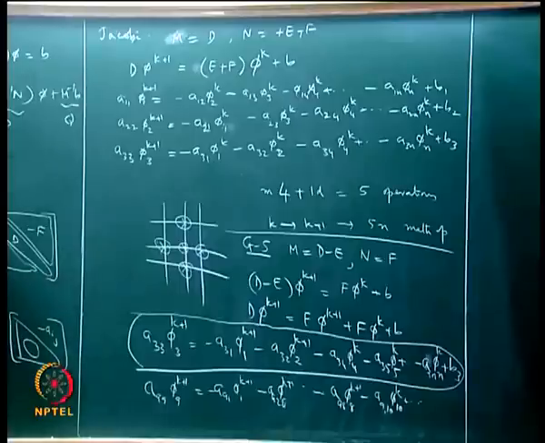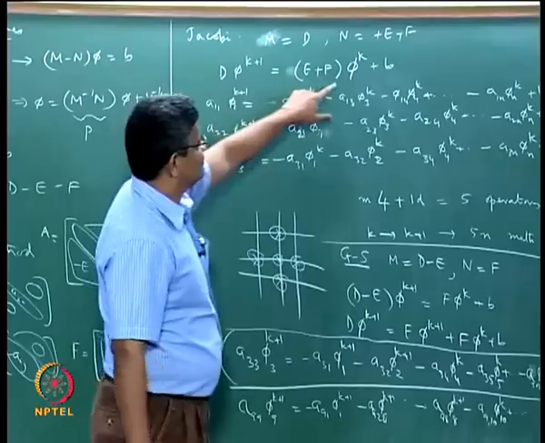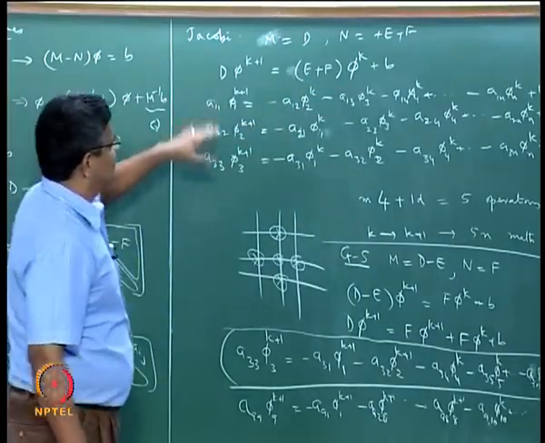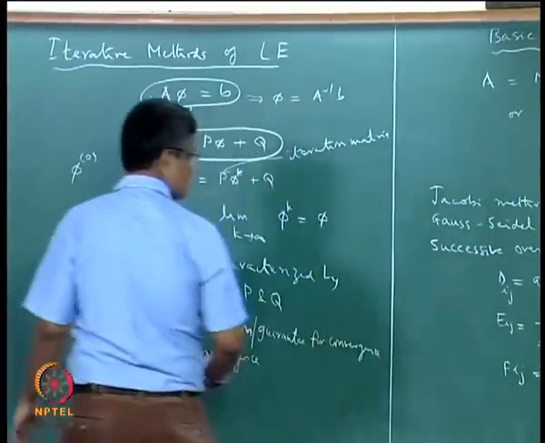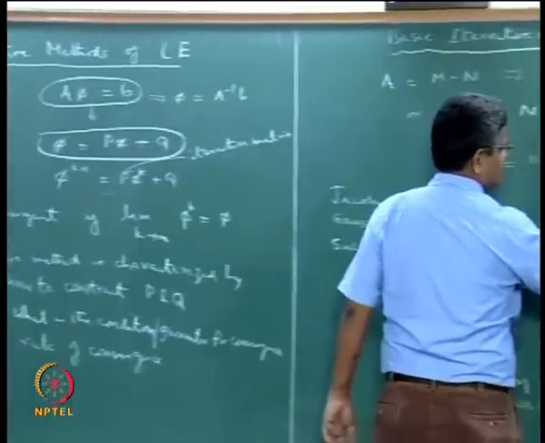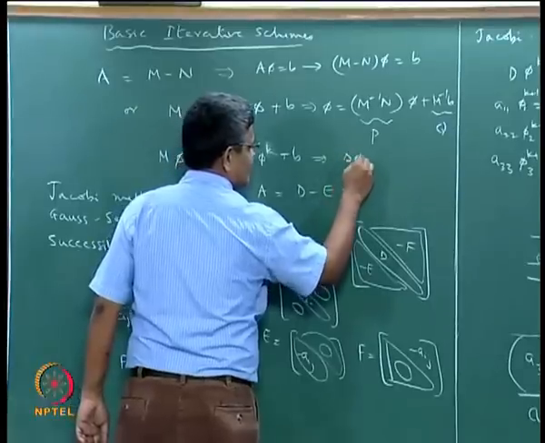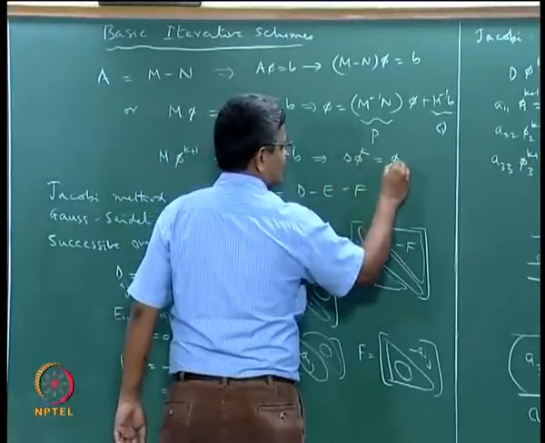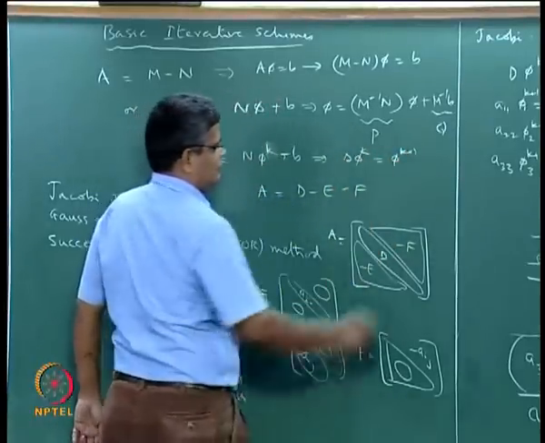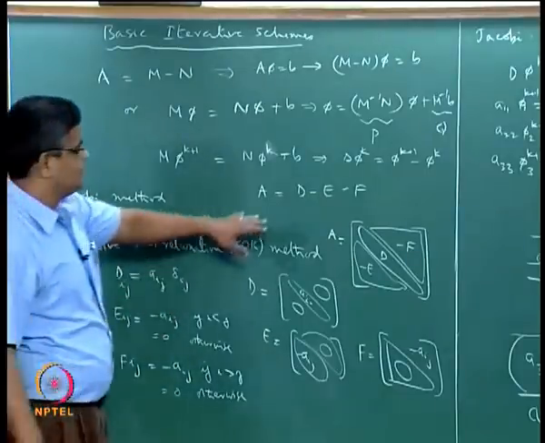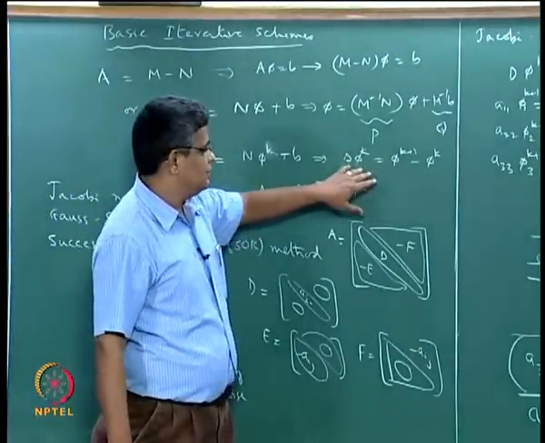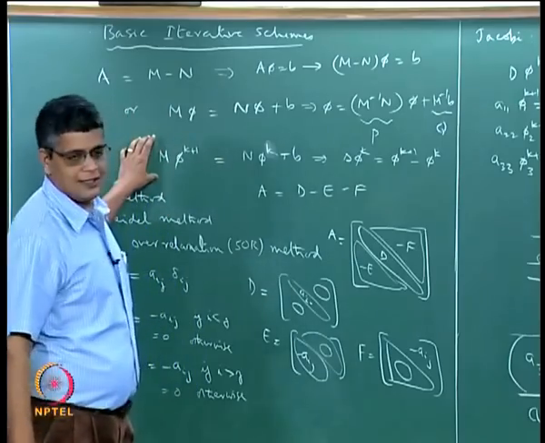In the case of the SOR method, the successive over relaxation method, what we do is that when you go from k to k plus 1 in this iterative method, this gives you this delta phi k, the improved value minus the old value. So this is the improvement in the value of phi that you have predicted using this iterative scheme.